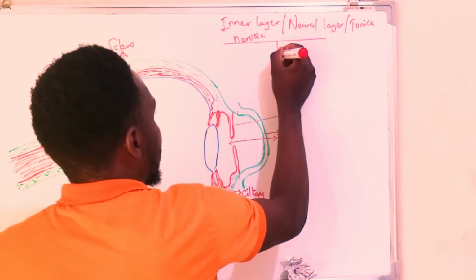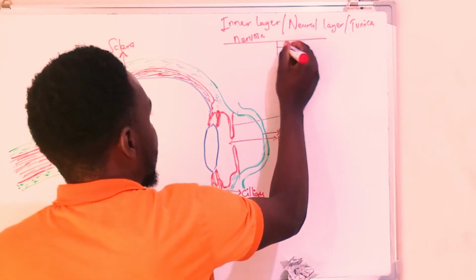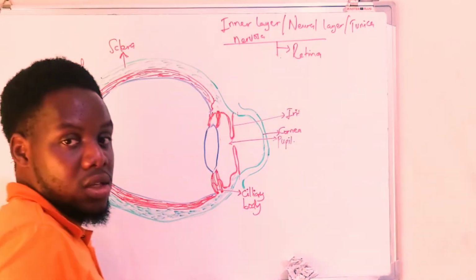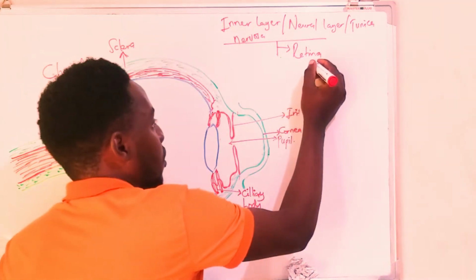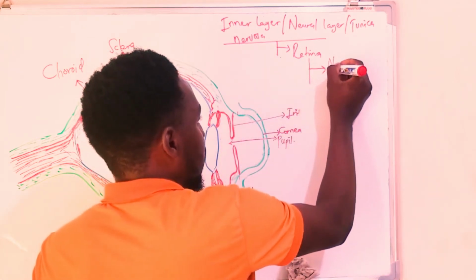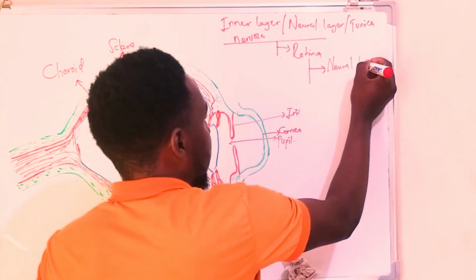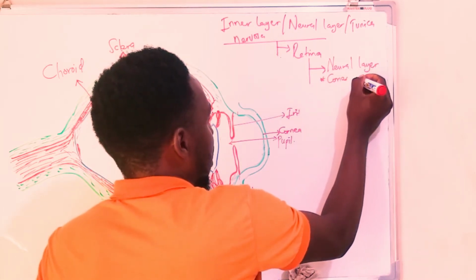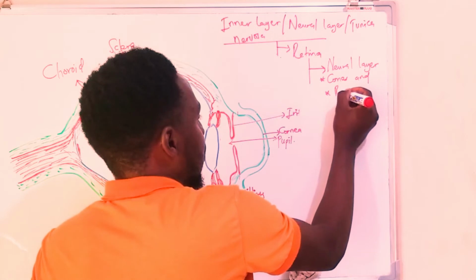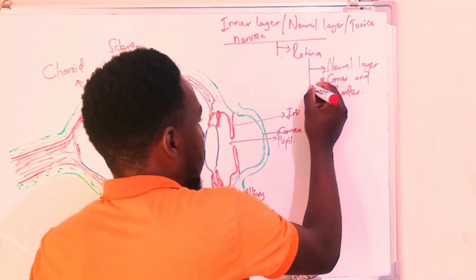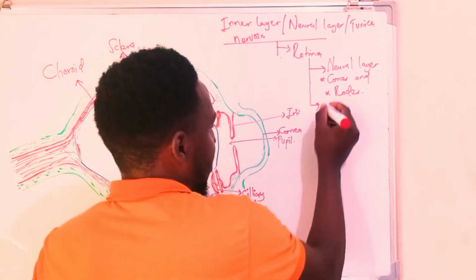This is only made up of the retina. Now the retina has got two layers. The first one is the neural layer. This is made up of cones and rods, which are photoreceptors, which we're going to talk about in another video. Then it's also made up of a pigmented layer.